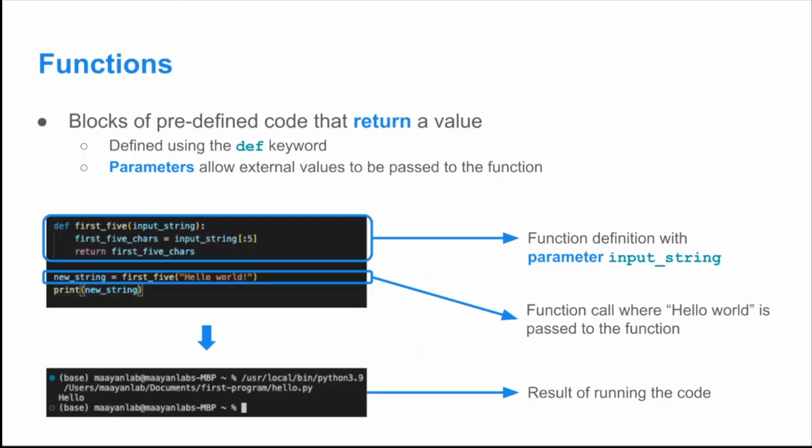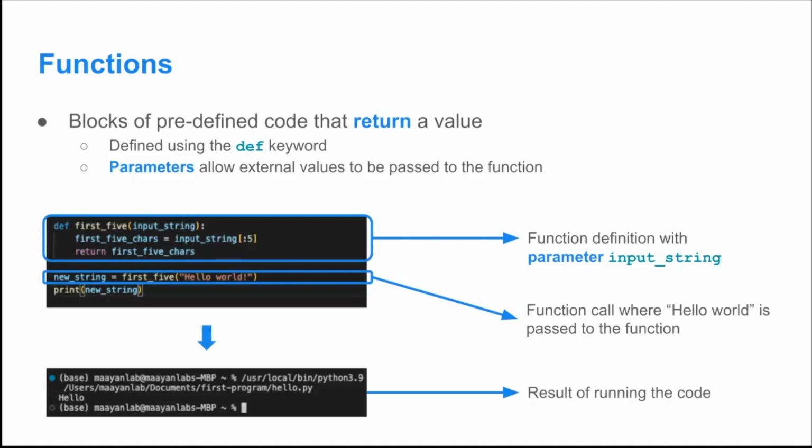I've called it first5. So this is just the function definition, this entire block. And there's a parameter, which is input string between the parentheses. Basically, what this function will do is it'll take whatever value is represented by input string, it'll slice the first 5 characters, and then return those first 5 characters back to the user.